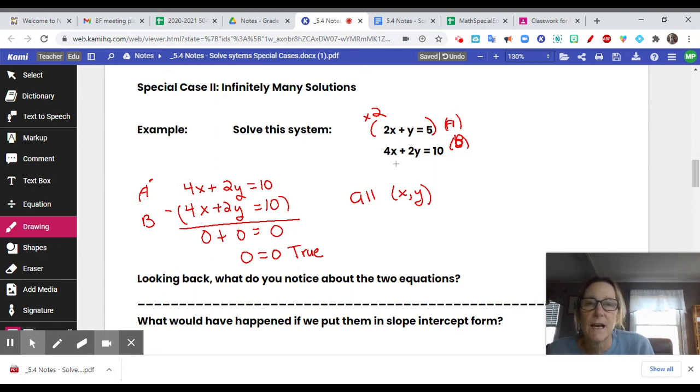And we can see that these two equations are equivalent because when we multiplied by 2, we got equivalent equations. So if the equations are equivalent, we have, what do we call it? We call it infinite solutions.